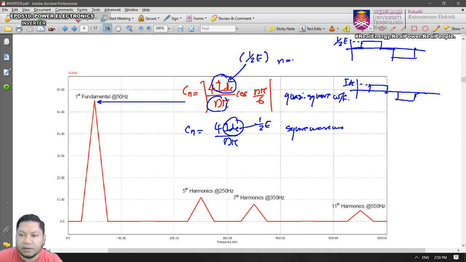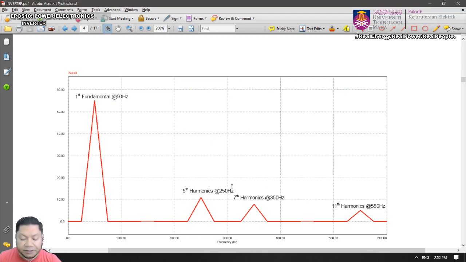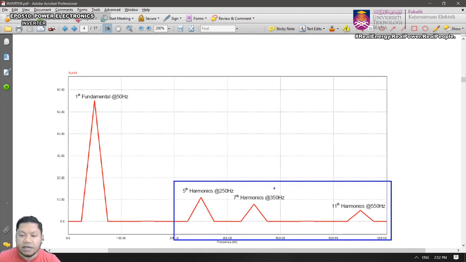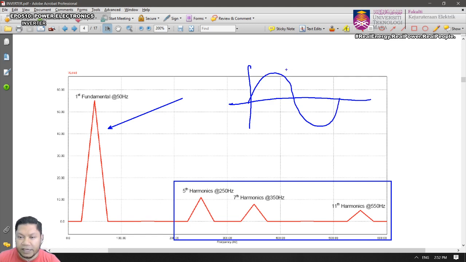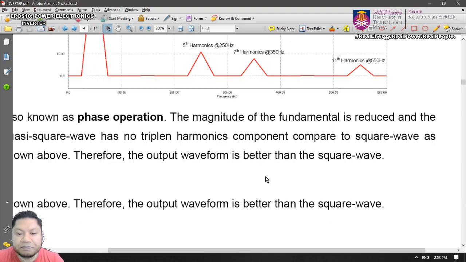It is odd, but no triplen harmonics. So that's why you don't see the third or the ninth harmonics. It only consists of the fifth, seventh, and the rest. So again, if you have a low pass filter, you can remove these and only the fundamental is left. And so the output will see only a sinusoidal AC waveform. Right? So that is the quasi square waveform.